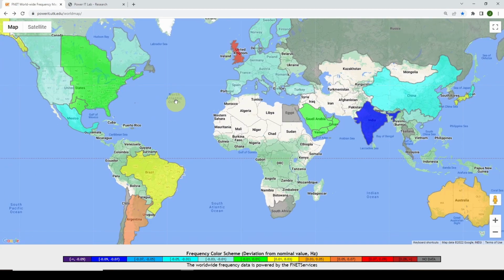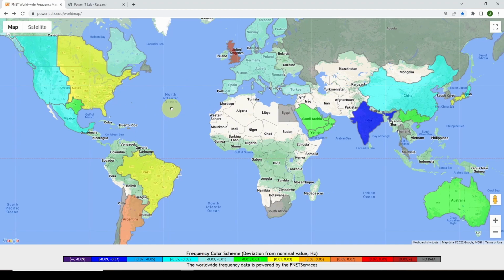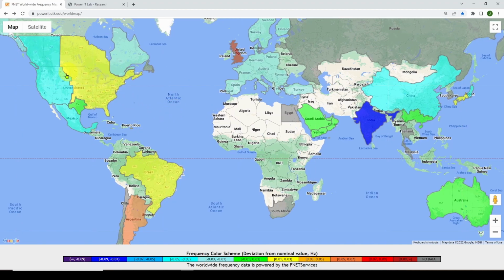This is a map that gives you an instantaneous look at the frequency of the electric power systems of many countries around the world right at this very moment. All right. So all of these colors represent the relative frequency of the electric power systems in those countries within the last 5 seconds or 10 seconds or whatever.